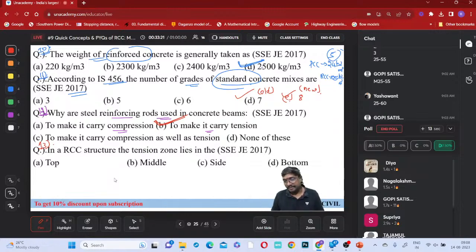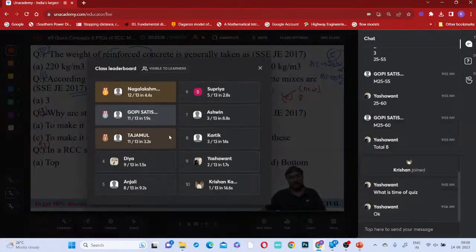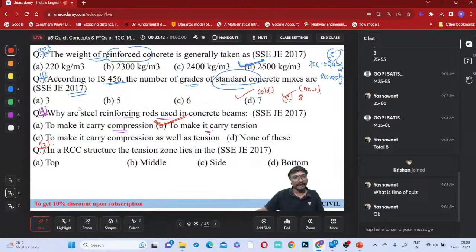Yeah, 87% only answered in the special class. Nagalakshmi first, Gopi second, Tajamul third.